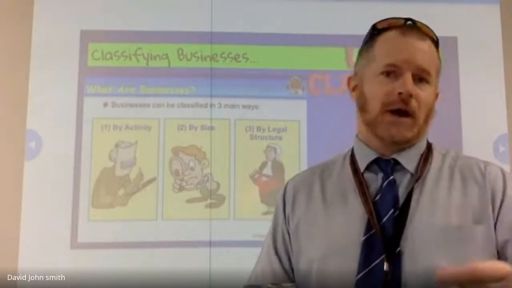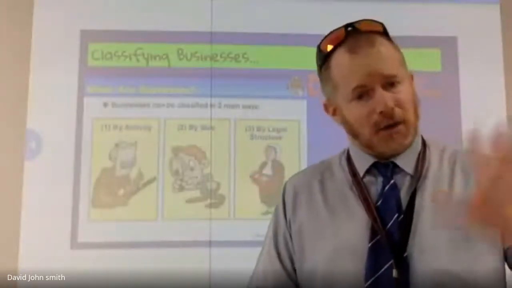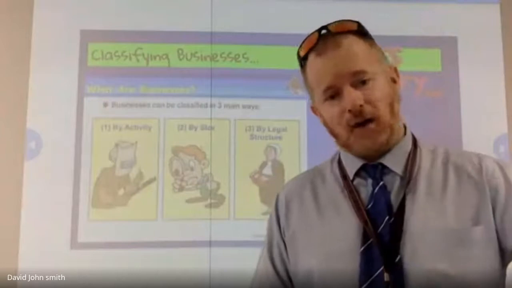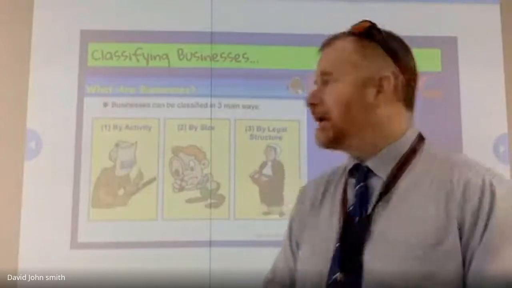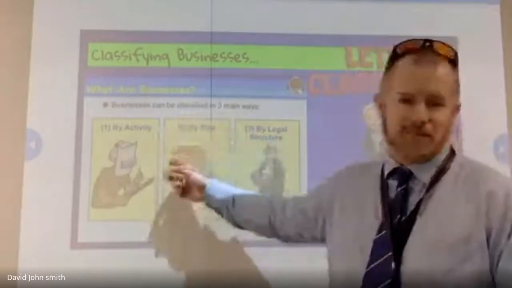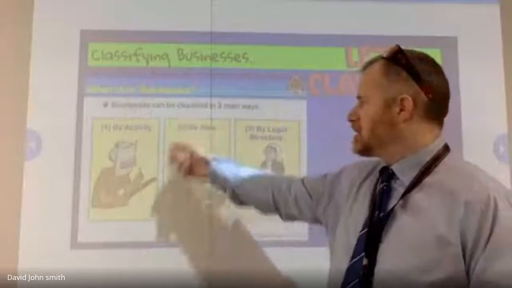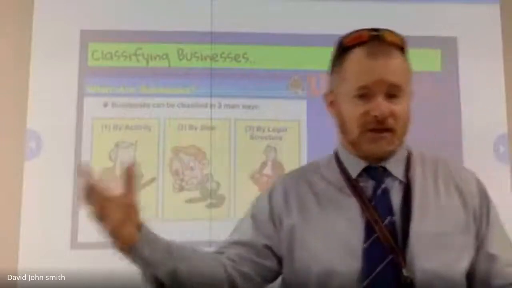One way we measure business success is by how big the business is. So we might think about the success of the business based on its size. That might be a way that we could measure success.